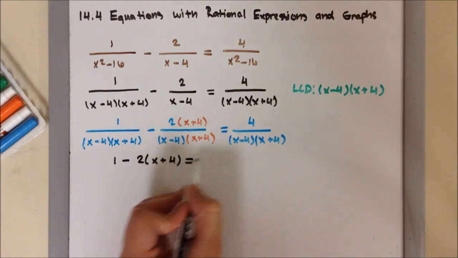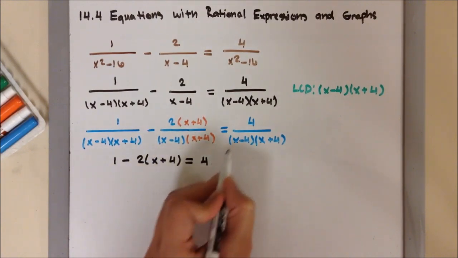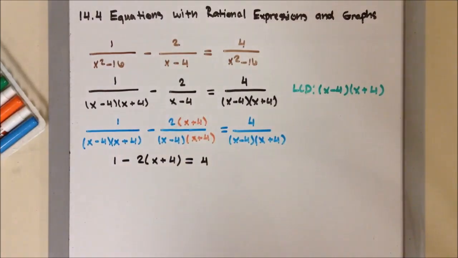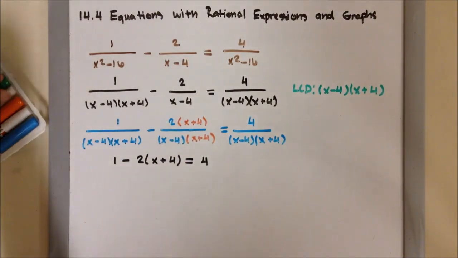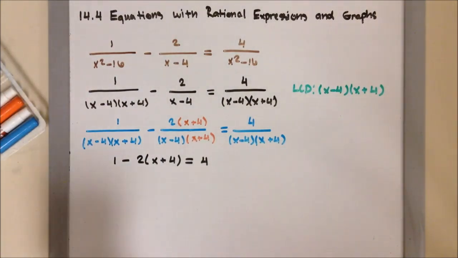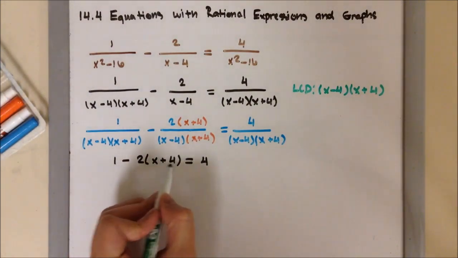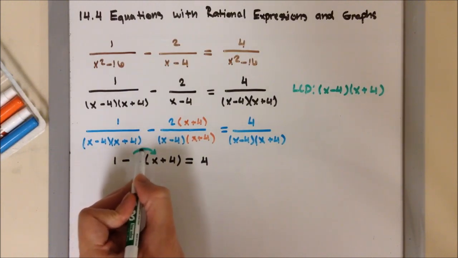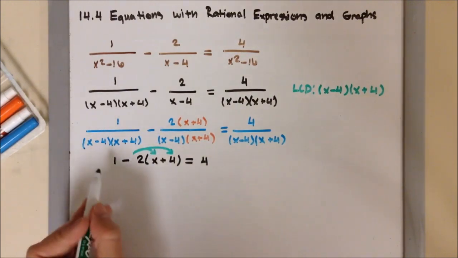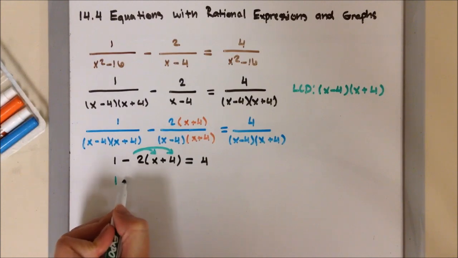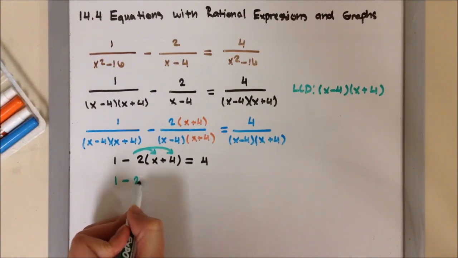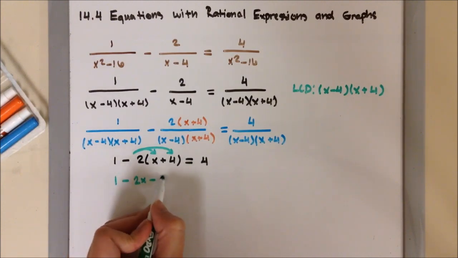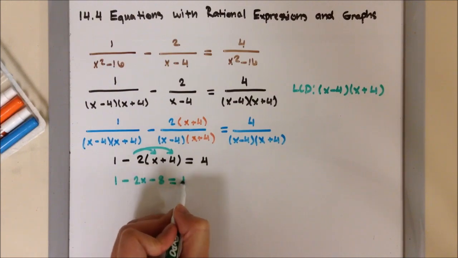Bring down the equal sign and the 4 from the numerator of the third fraction. Now we solve just like a regular equation. Here we have minus 2 times x plus 4, so I'm going to distribute the negative 2 to the x and the 4. So we have 1 minus 2x minus 8 equal to 4.